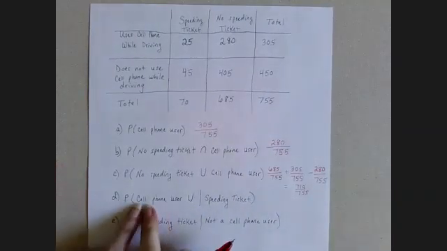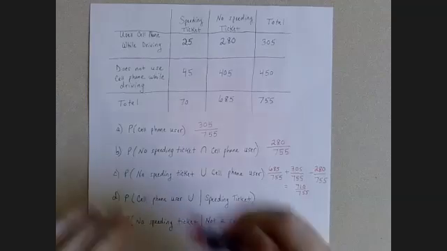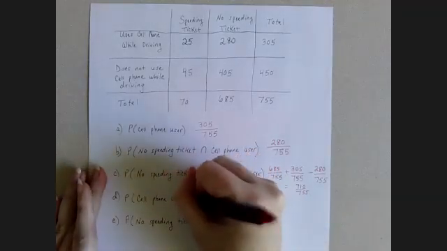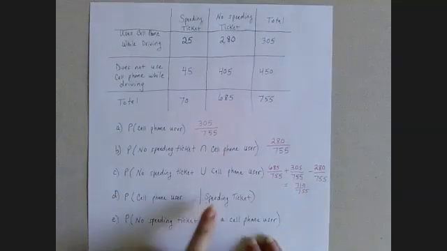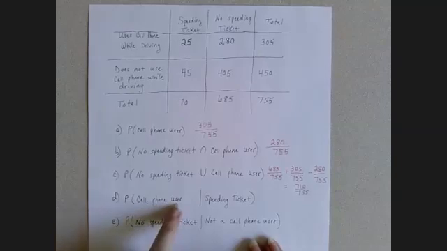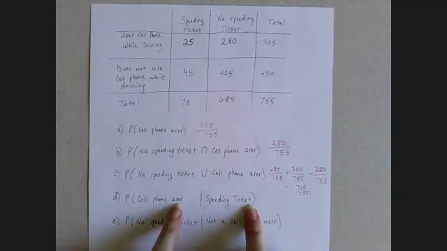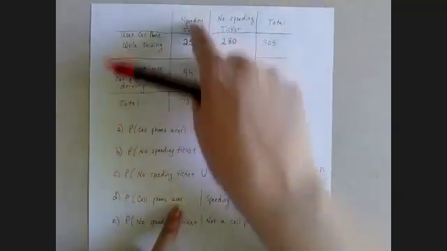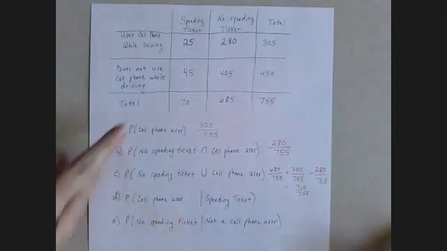Next one. The probability that the person is a cell phone user, given that the person got a speeding ticket. So probability that they're a cell phone user, given that we know that they got a speeding ticket. Okay, so if we know that they got a speeding ticket, we're automatically going to be in this sample space right here. And so our sample space has been reduced to 70.